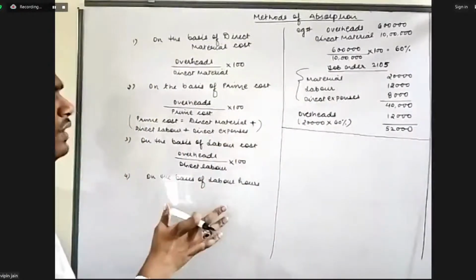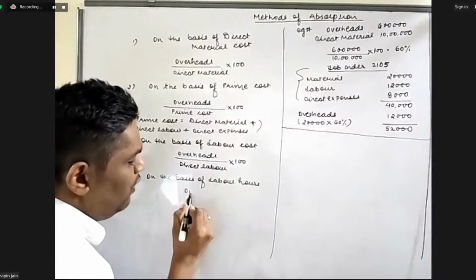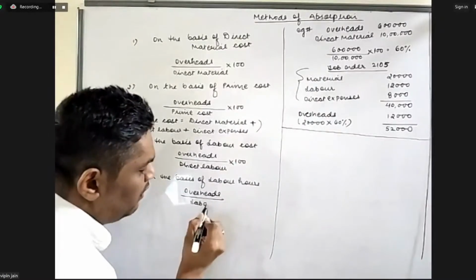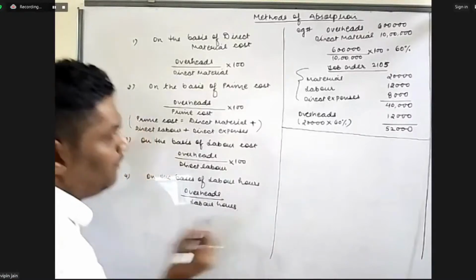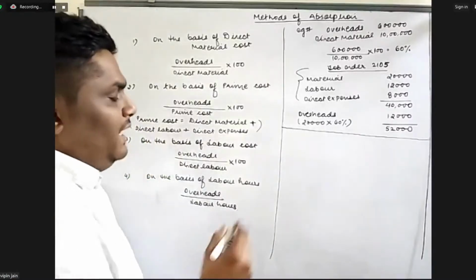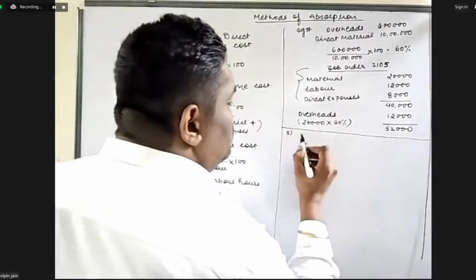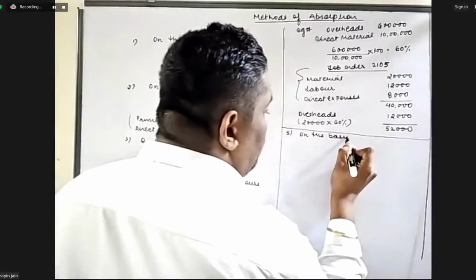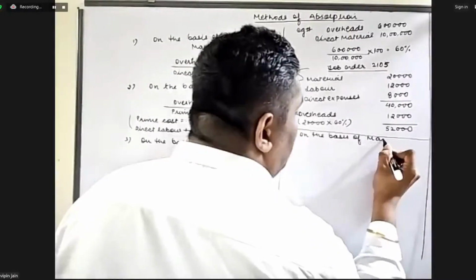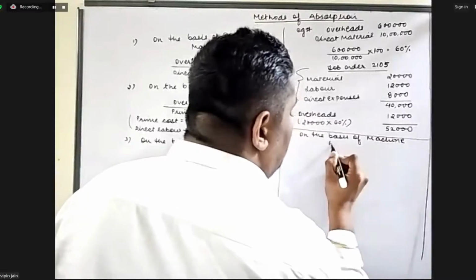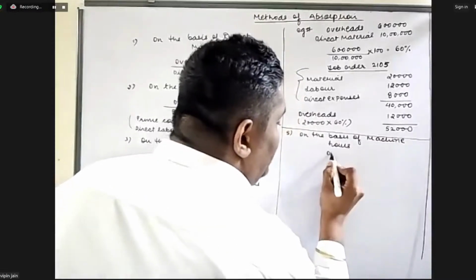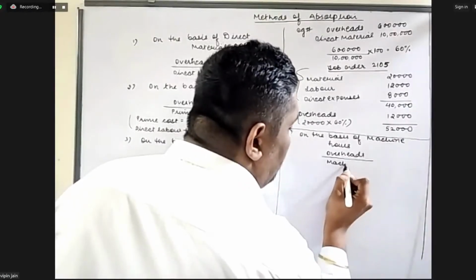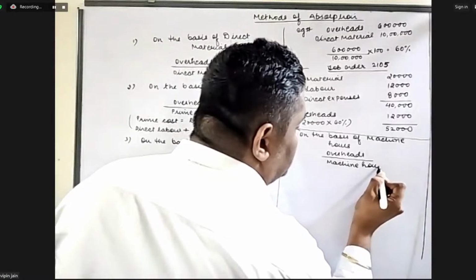So herein we will not calculate in percentage form. So overheads divided by labor hour. Further, the overheads can be absorbed on the basis of machine hours also, as we discussed in the previous question. That is again overheads divided by machine hours.